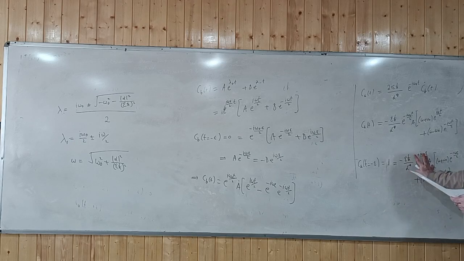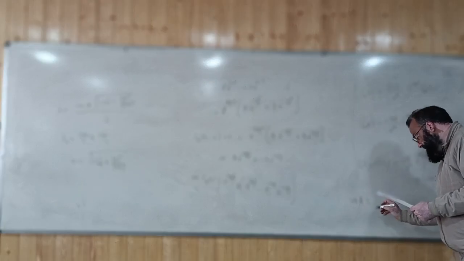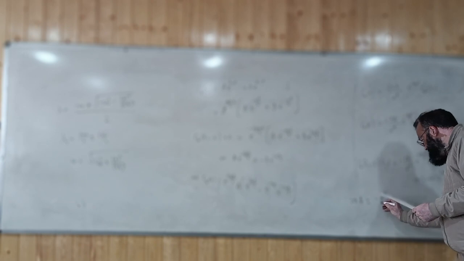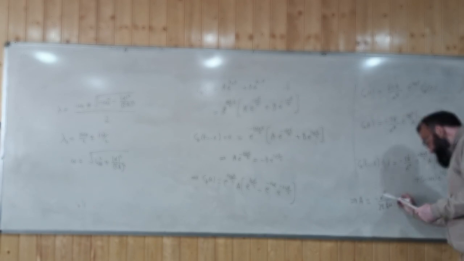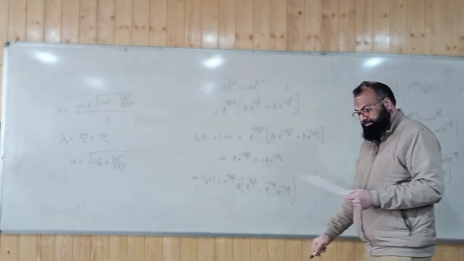This object is equal to 1, which gives me A. So let me write the value of A. It's simply α* divided by 2εħω, e^(i(ω - ω0)ε/2). So this is the value of A.